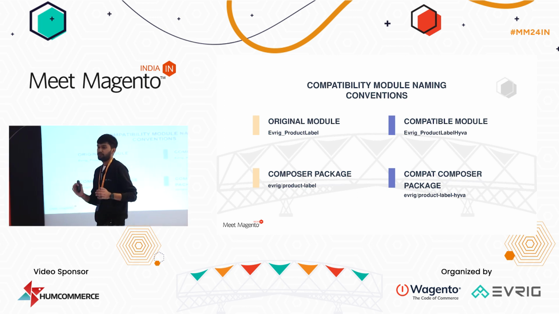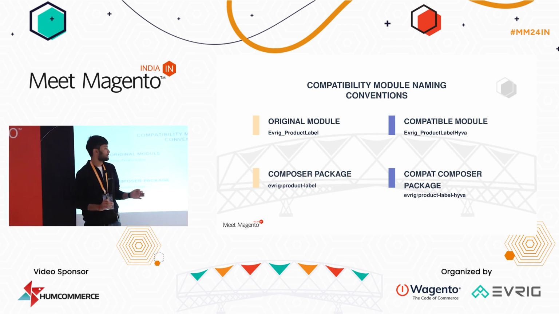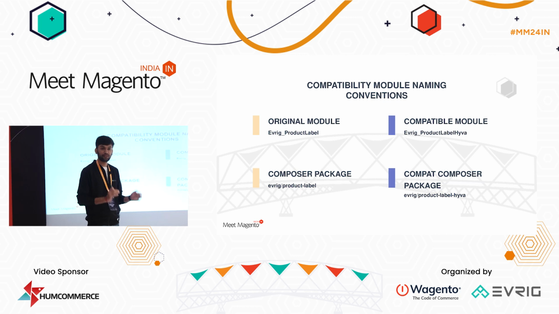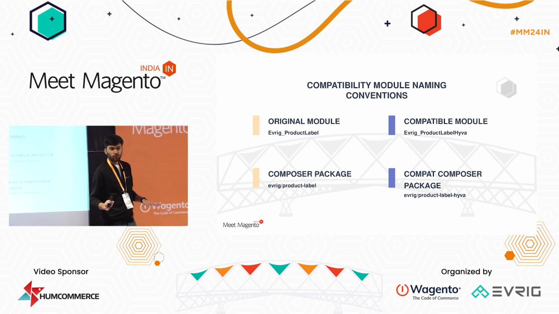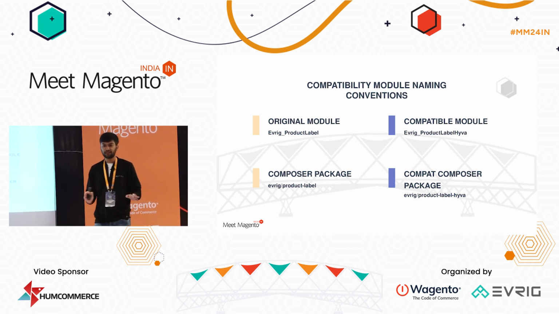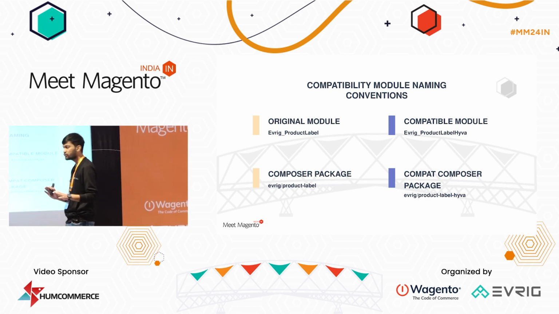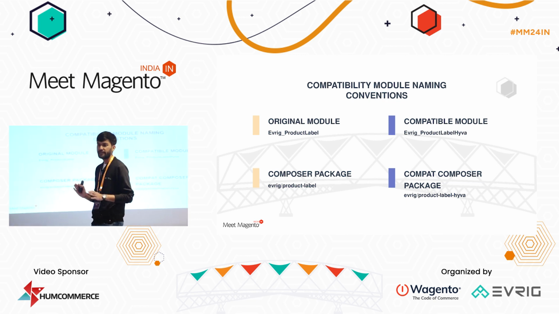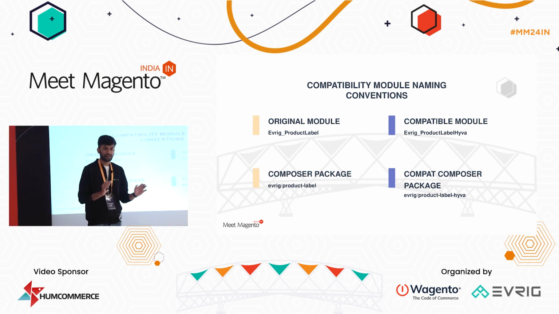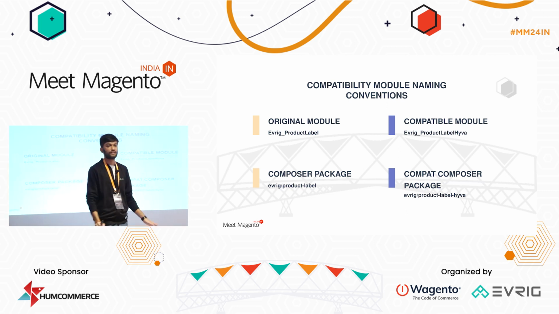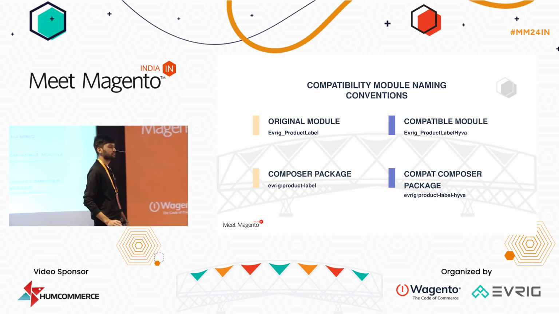Now before crafting the module, let's discuss the naming conventions of our Hyva modules. There is no hard and fast rule for this naming convention, but it is a good practice to name a module in a certain way so that just by taking a glance, we know that this is a Hyva compatible module.